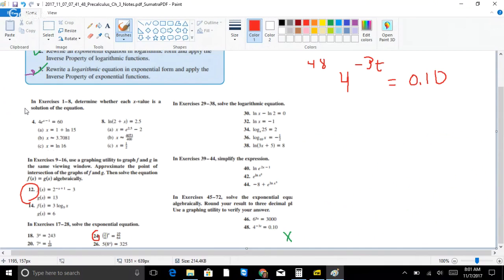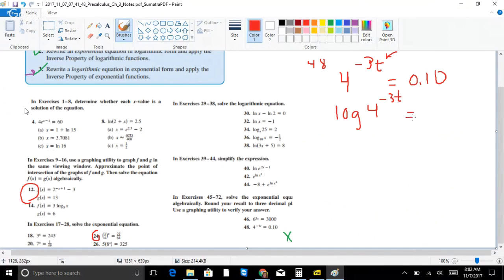Now we have an exponential equation and we want to rewrite it in logarithmic form. I want to get t by itself, and t is up in the exponent. So in order to solve this, I am going to take the common log of both sides, and that's going to let me get my t out of the exponent. So take the common log of 4 to the negative 3t.